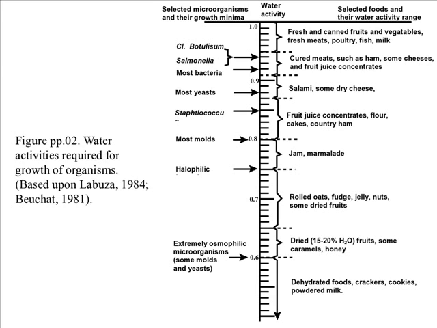As water activity increases, you see that different kinds of microorganisms require certain levels of water activity. The important thing to understand is that the more you reduce the water activity through drying or dehydration or other means, certain microorganisms automatically are not able to grow. They're not able to thrive in that environment, and that becomes very important.